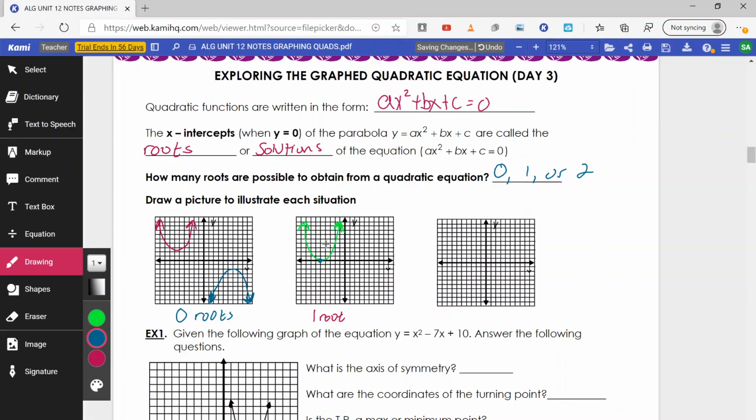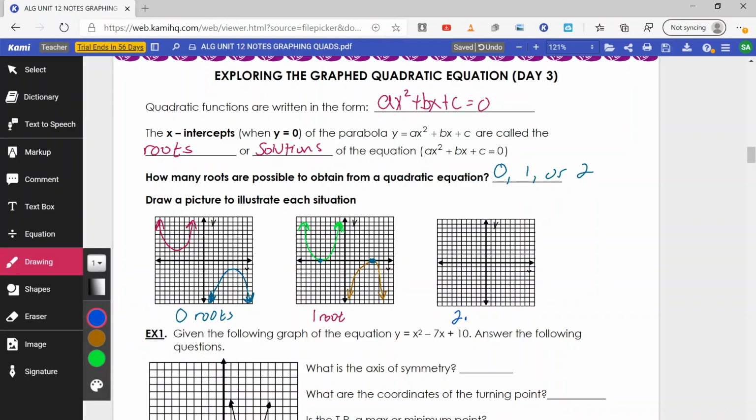So we only have one spot. And then we could also say the other direction. If we open down, it comes up, touches the x-axis, and then goes back down. So again, there's only one solution. So whether we have a positive x squared touching in one spot or a negative x squared, as long as we hit the x-axis in one spot, we only have one possible root.